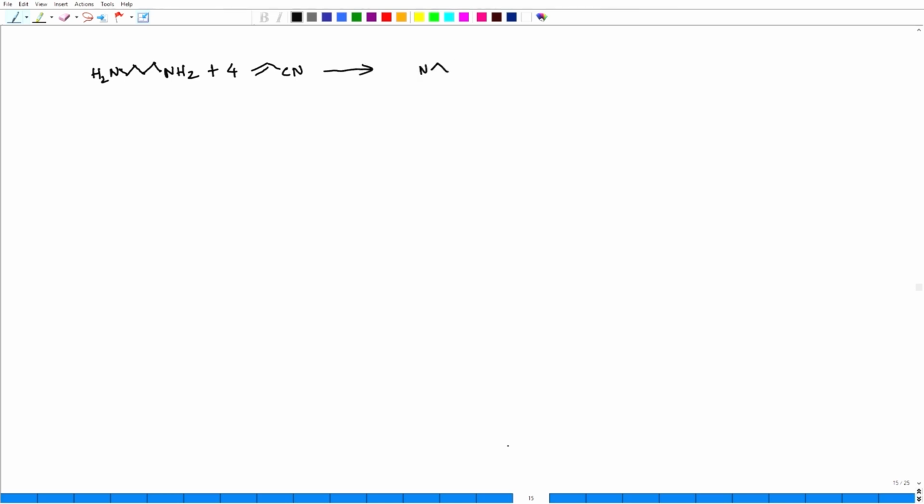It happens 1, 2, 3, 4, N, CN. So, the hydrogens of the amine are replaced by this moiety. Okay. We add this cyanide.